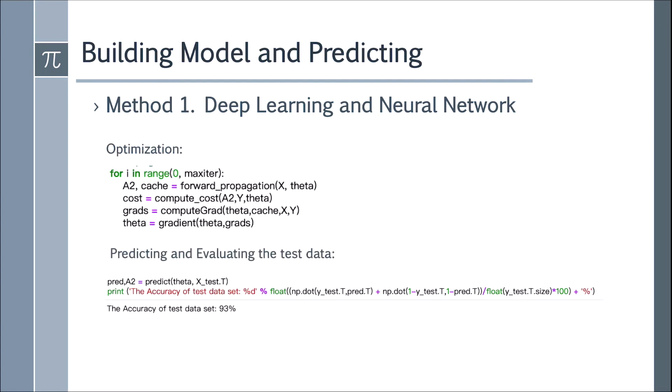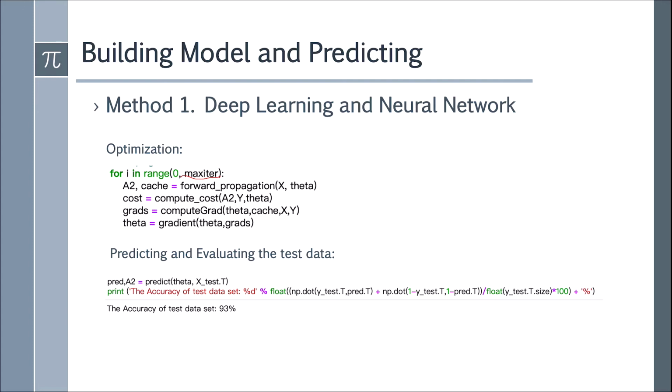In optimization, we will set a number called the maximum iteration step, which means how many times we will modify theta in our model. In this function, we just call the function we defined before and train the model. Finally, we return theta after training. If we print out the cost, it should always decrease until convergence.